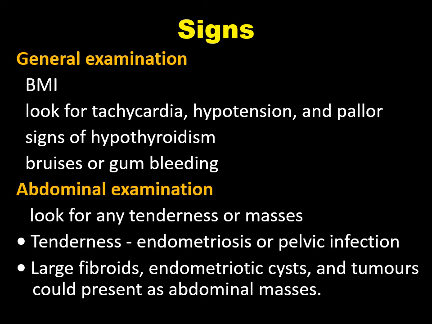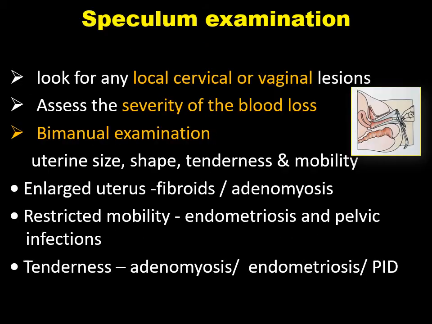Examine the thyroid, as the thyroid could be a cause of the abnormal uterine bleeding, and look for evidence of bleeding tendencies, bruises, or gum bleeding. On abdominal examination, look for scars of previous surgeries, look for tenderness or masses. Large fibroids may be felt abdominally.